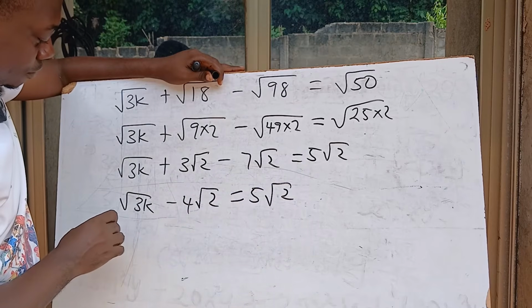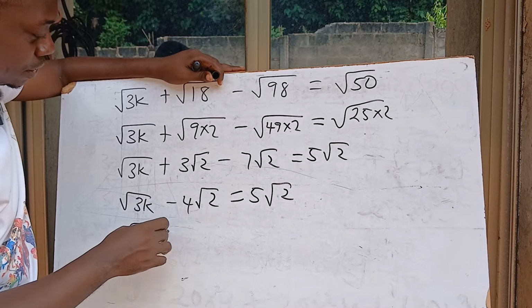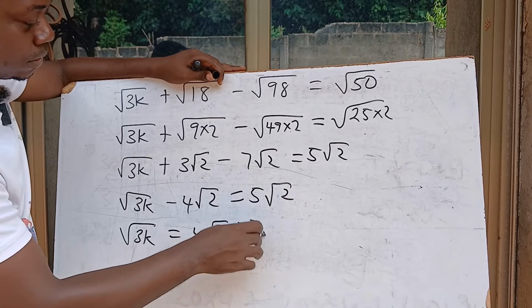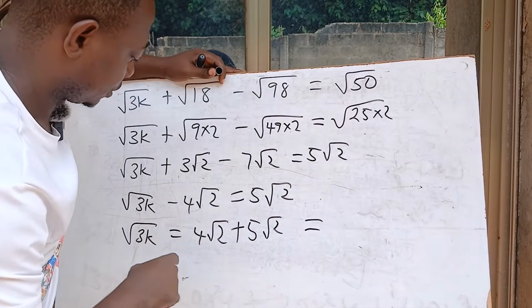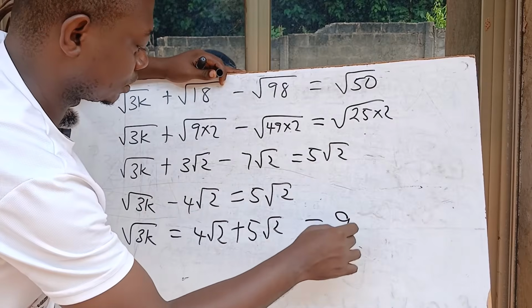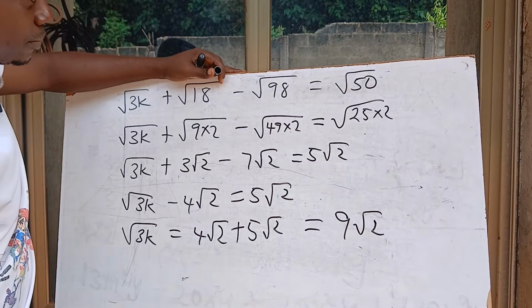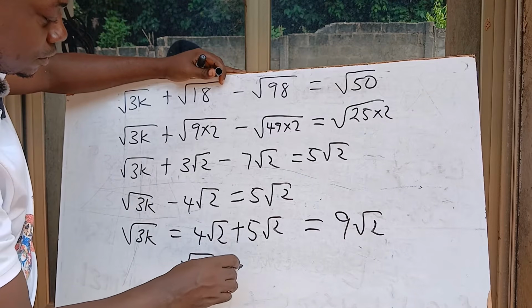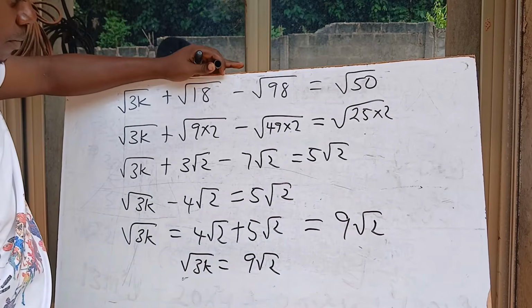So that will be √3k, the one under the root sign, equals 4√2 plus 5√2. So 4 plus 5 will be 9√2. It means the square root of 3k equals 9√2.